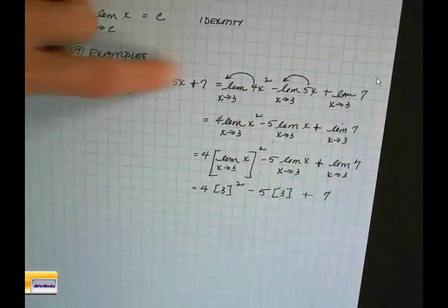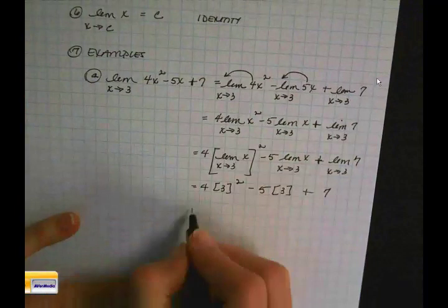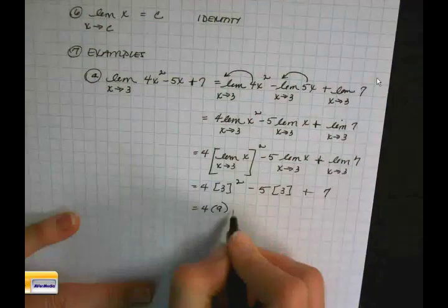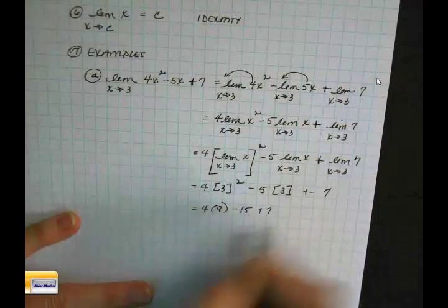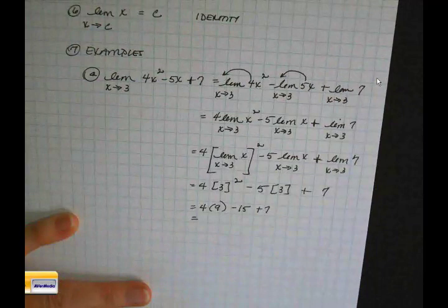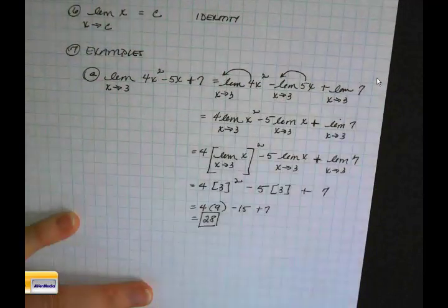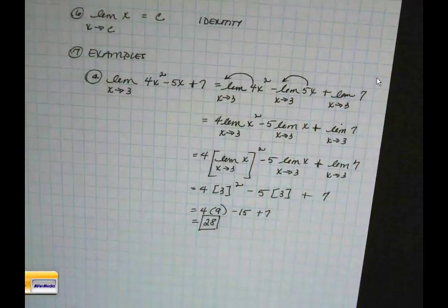So we broke down this complex equation into strictly finding limits of the identity function and the constant function. So this is simply 4 times 9 minus 15 plus 7, which is 36 minus 15, which is 21, plus 7, which gives me a grand answer of 28 by applying all limit laws.